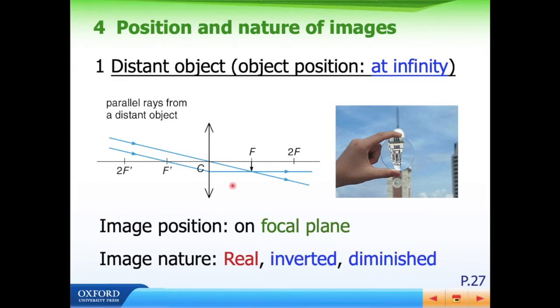Using the construction rules, we are able to determine exactly where the image is located. So our image is located somewhere here. The image position is on the focal plane, while the nature of our image is real, inverted, and diminished. That is when the object is located at infinity.